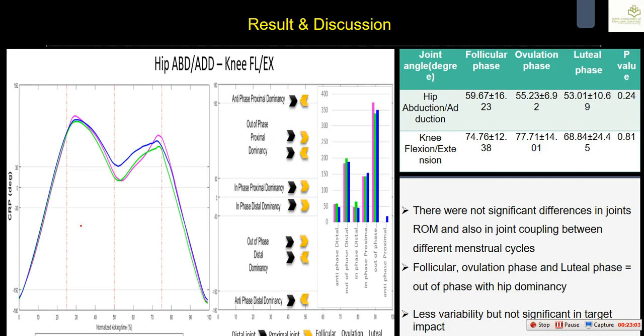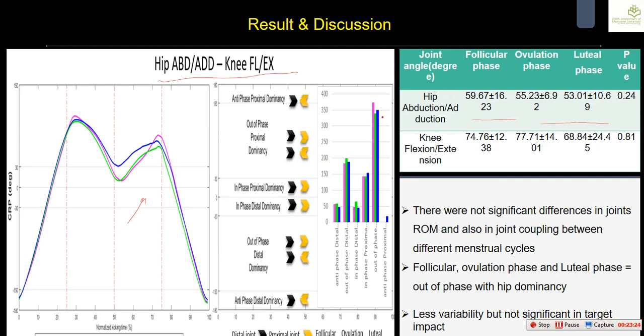And this plot is for hip abduction adduction and knee flexion extension CRP coordination, or coupling movement. There weren't significant differences in joint range of motion, and also in joint coupling angles, between different menstrual cycles.